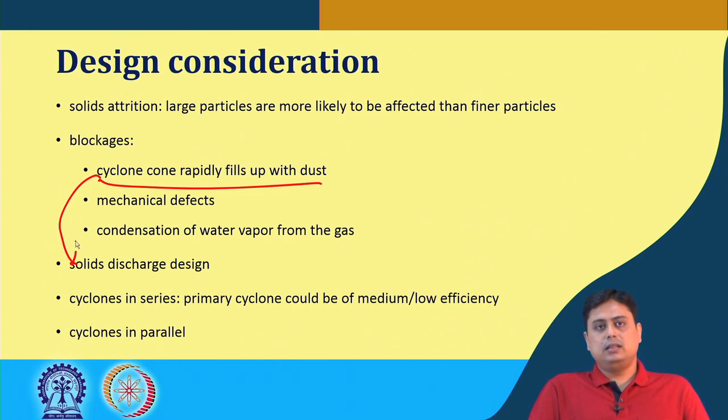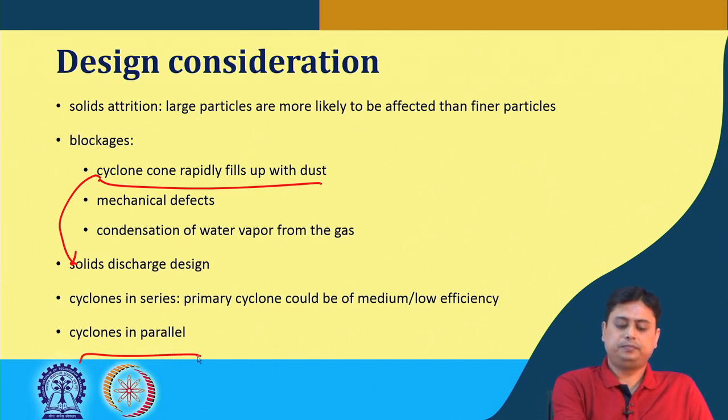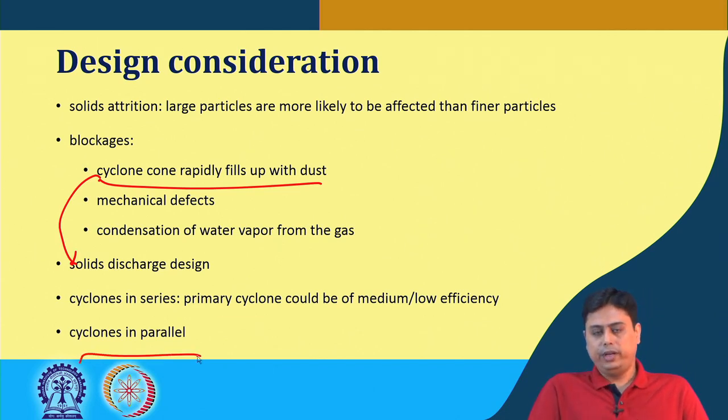We have discussed cyclones in parallel, how we can effectively use such a configuration to reduce the cut size, to reduce the flow rate if it is evenly distributed. The cyclones also can be used in series, one after another, and in that case the first cyclone would be of a minimum to low efficiency design.